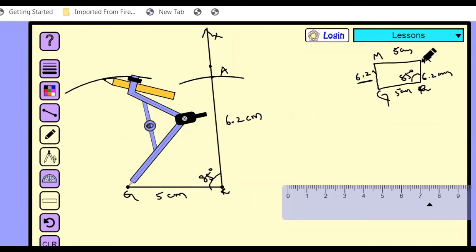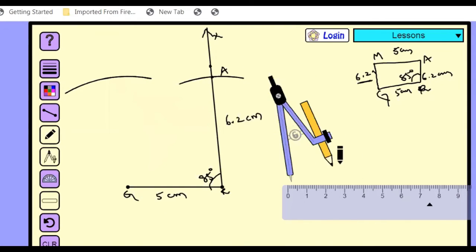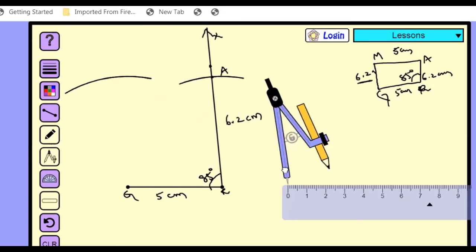So draw an arc from A with 5 centimeters. For that you should take the compass radius as 5 centimeters with the help of the scale.